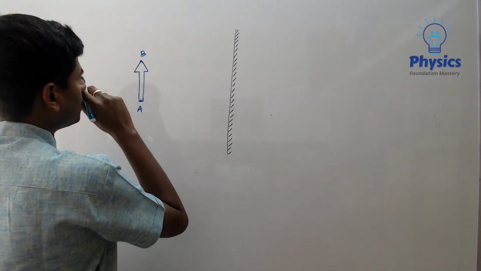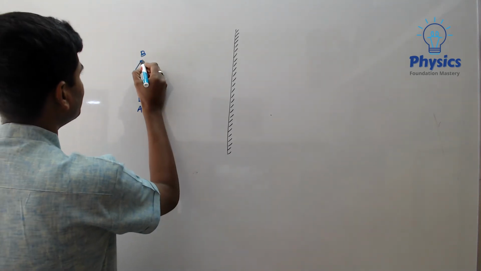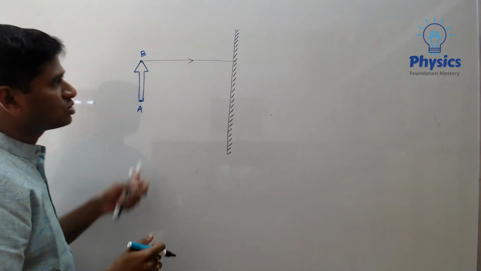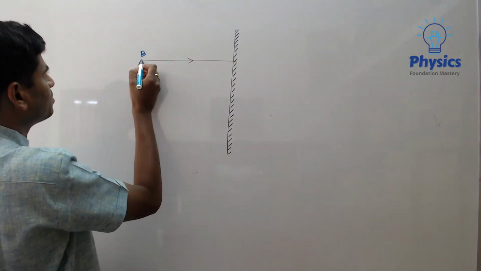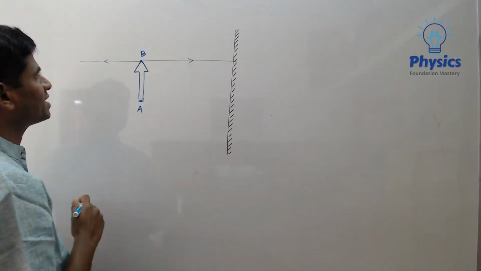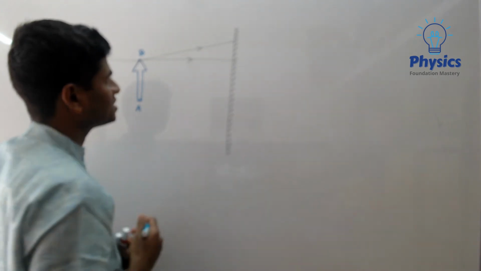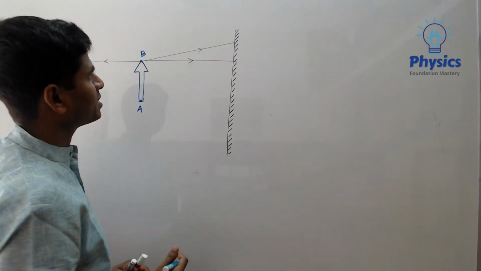Now let us draw any 2 rays from B. So one ray, I will take a ray which is normally incident. Any ray which is normally incident will bounce back. So it bounces back. This is the reflected ray for this incident ray. Similarly, you have another ray which is incident on the plane mirror here.